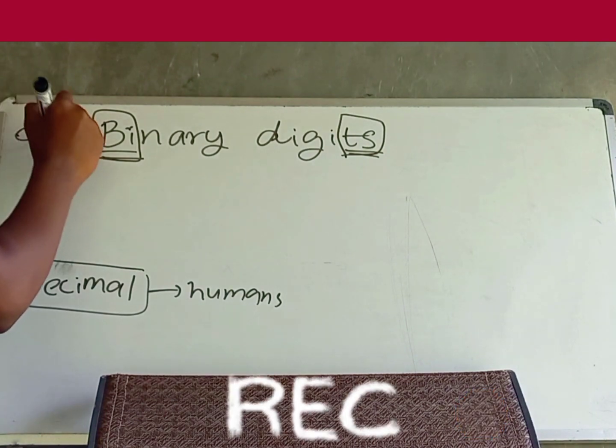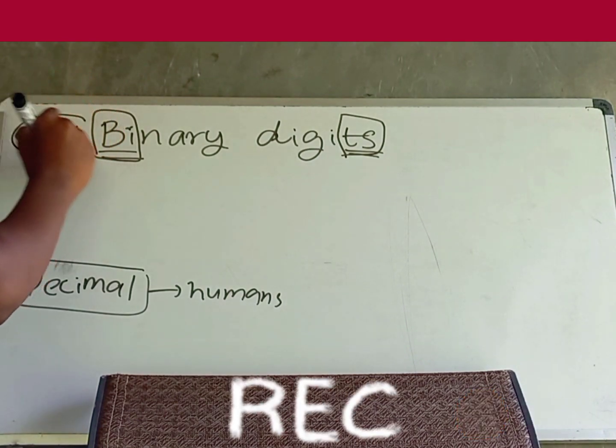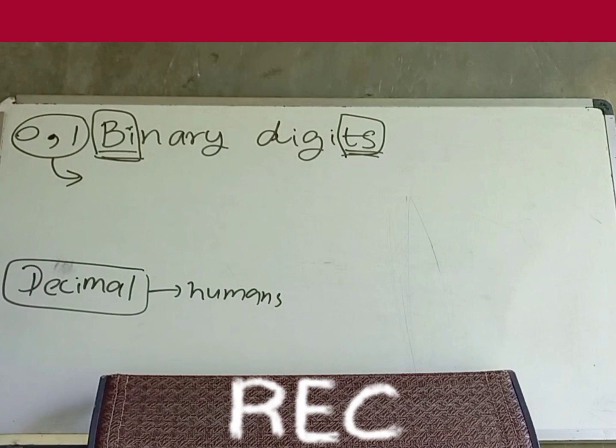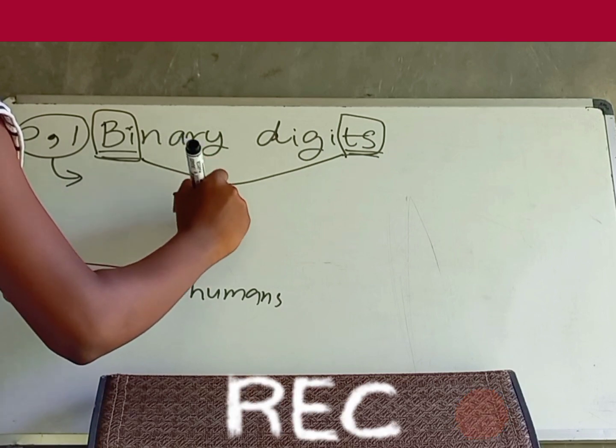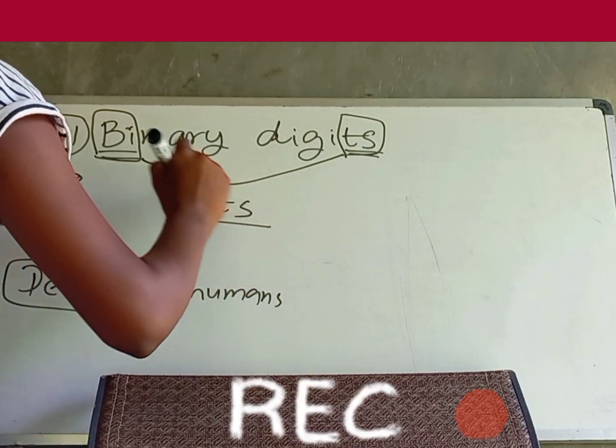Like I told you, 0 and 1 are the digits of the binary number system. When you take these two words, you can form the word bits.